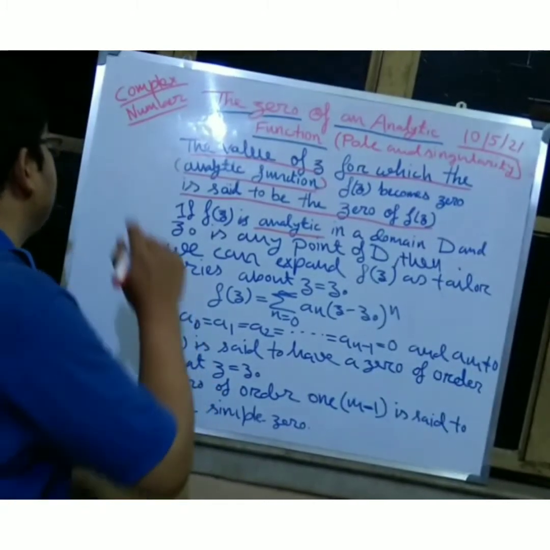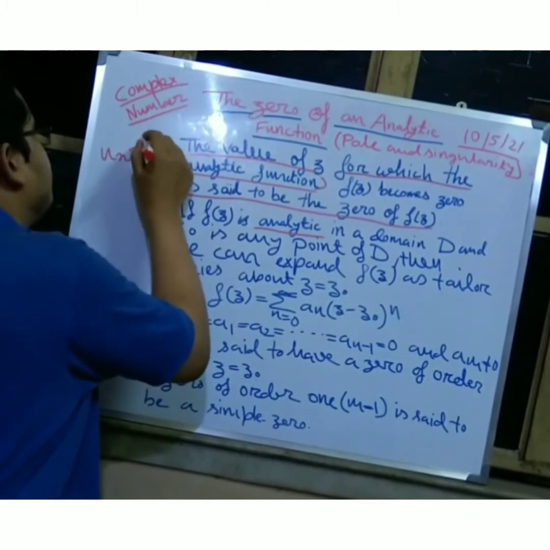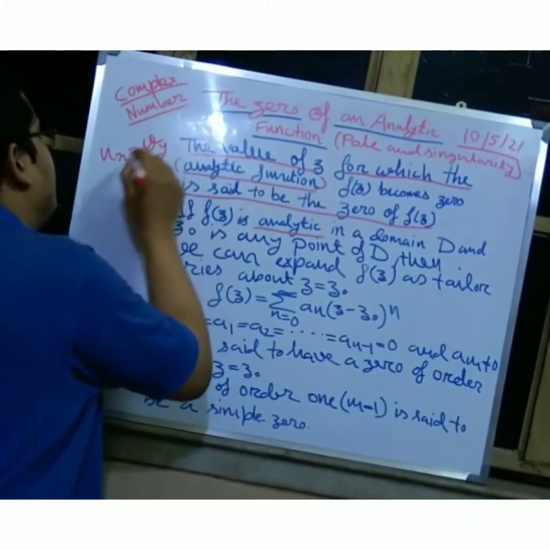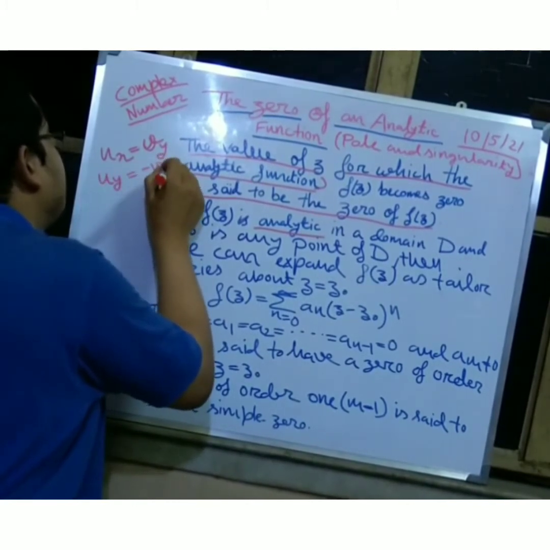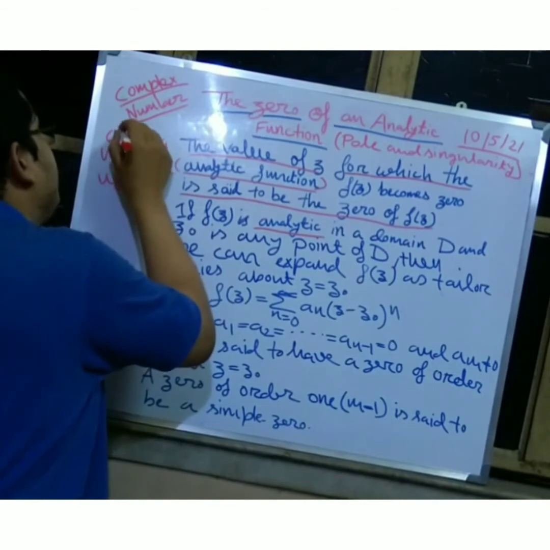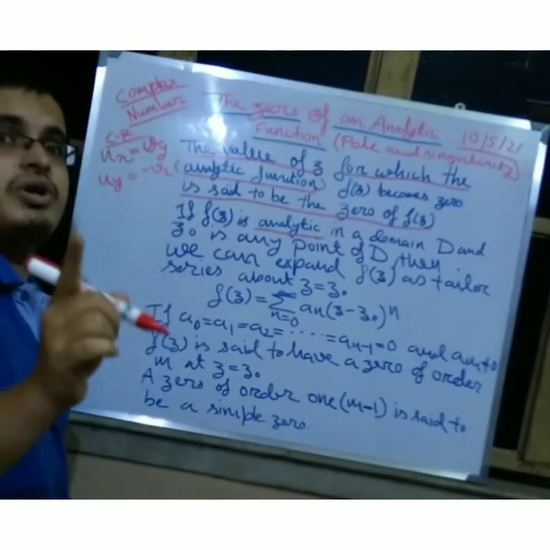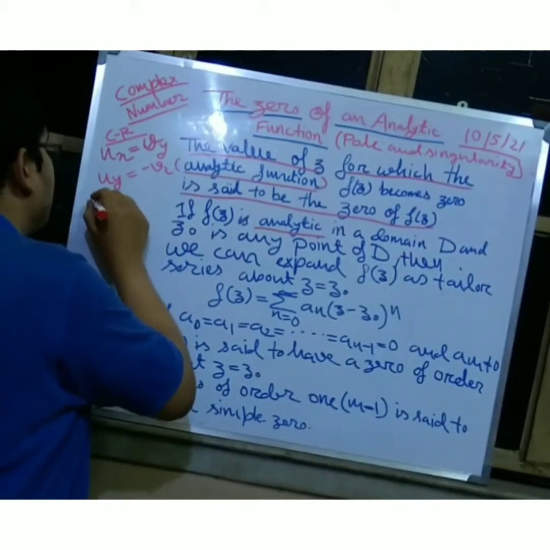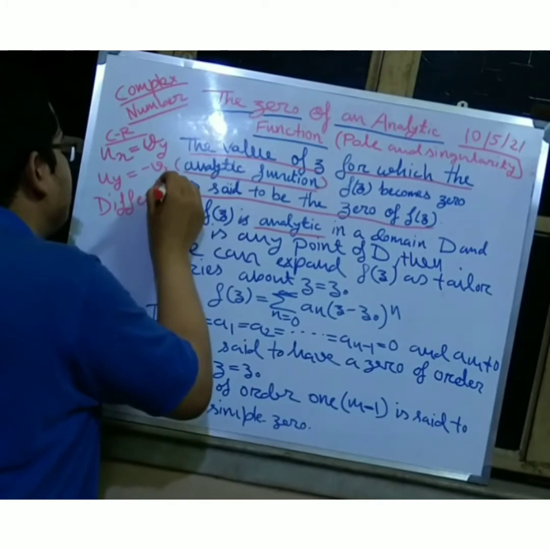The Cauchy-Riemann equations mean ux equals vy, and uy equals minus vx. Analytic functions follow the CR equations, and an analytic function is also differentiable.